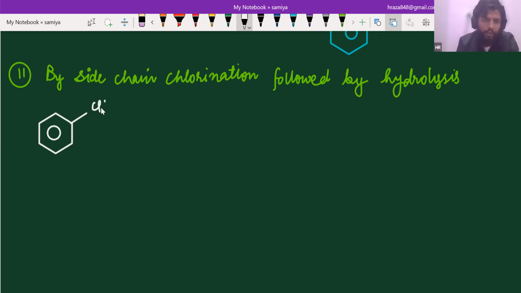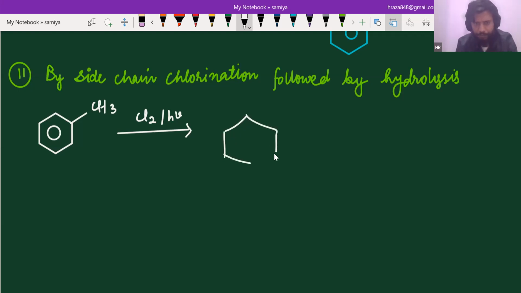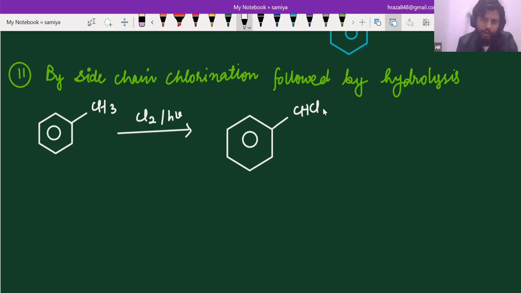Chlorination means addition of chlorine. So how are we going to do this? Cl2 in the presence of sunlight, h nu. As you know, this can go to this hydrogen and replace hydrogen. This is your methyl benzene. Now it is CHCl2, two hydrogens replaced by 2 chlorine.